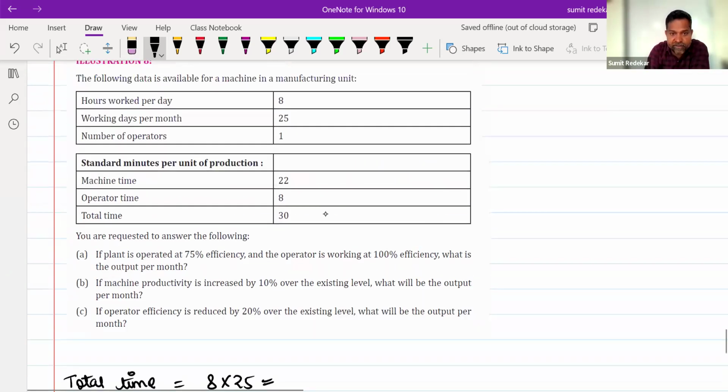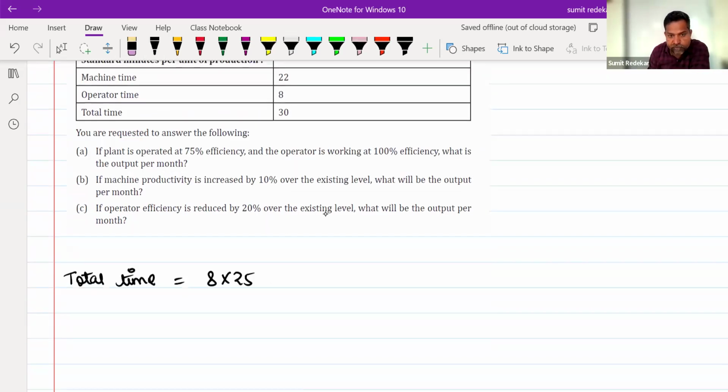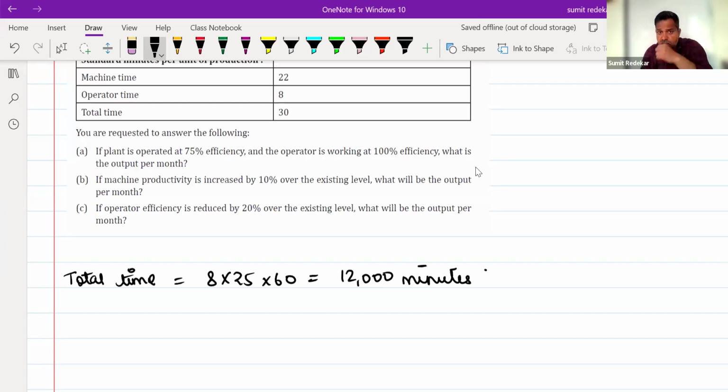Eight hours for 25 days into 60 minutes. So that will be 8 into 25 into 60. This is a total of 12,000 minutes is the total time that is available.